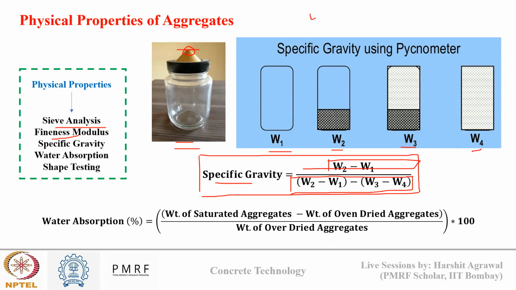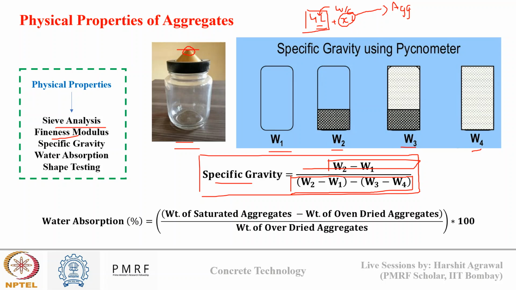Suppose you wanted to take 4 liters of water for your concreting, and you are assuming this water based on a certain W by C ratio. If you know the water absorption by the aggregate, you will apply a standard correction to this 4 liters. Suppose x liters extra you will take, and this x liters will be taken up by the aggregate. So your W by C ratio won't be disturbed. It will be maintained as it is.